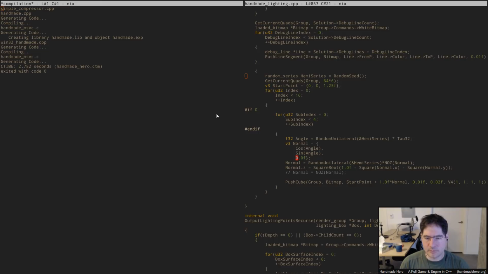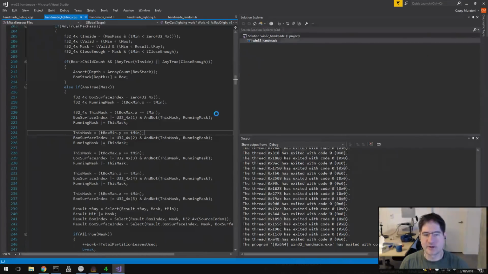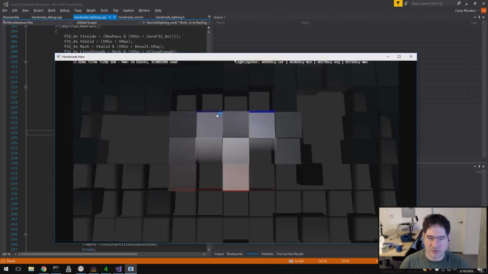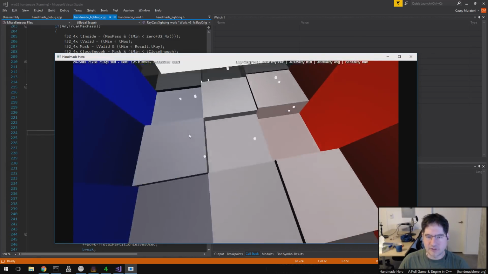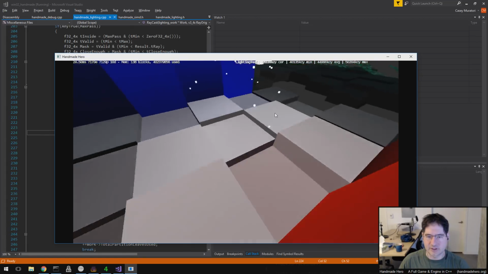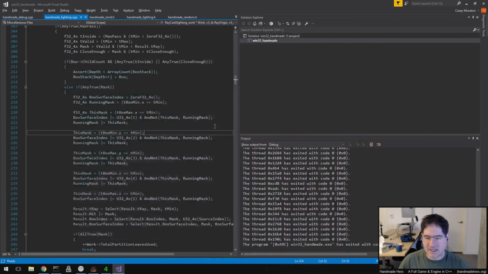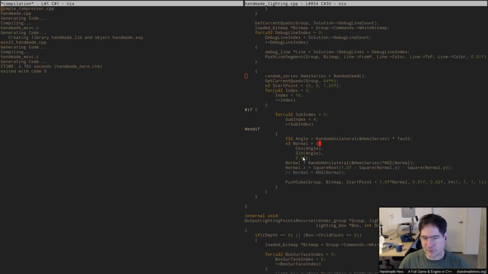So that should, in theory anyway, produce 16 points that are randomly distributed over the hemisphere in exactly the same way we were doing it before, right? So nothing else happening here. So there's our 16 points, and there they are on the hemisphere as we would expect. And again, that's just changing this into polar coordinates now.